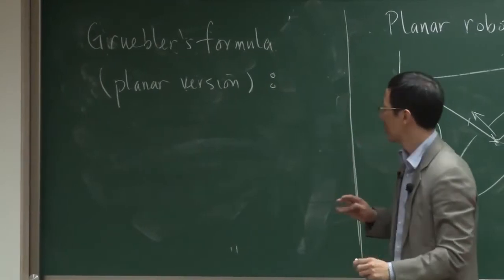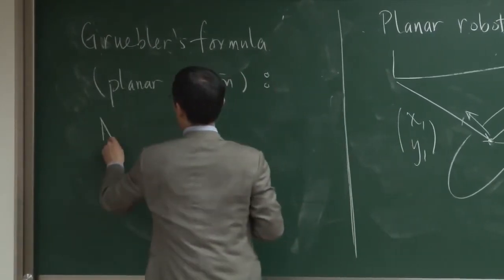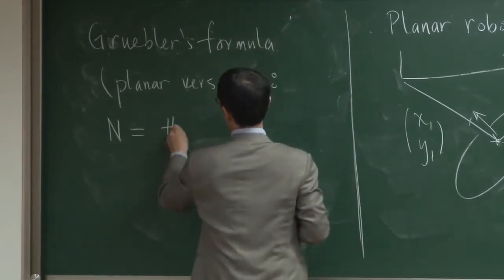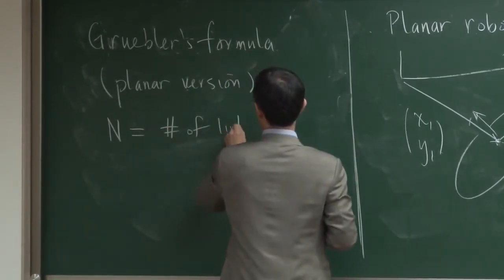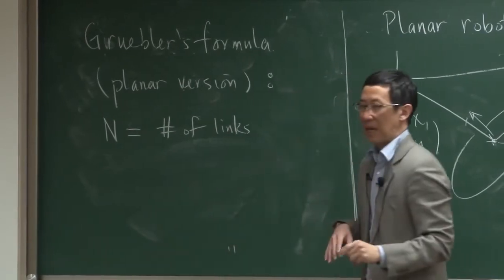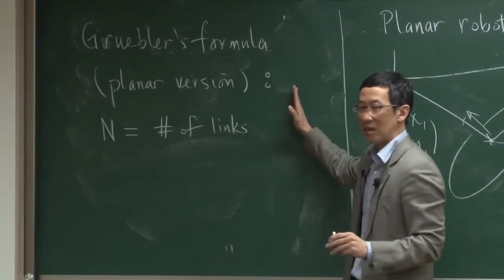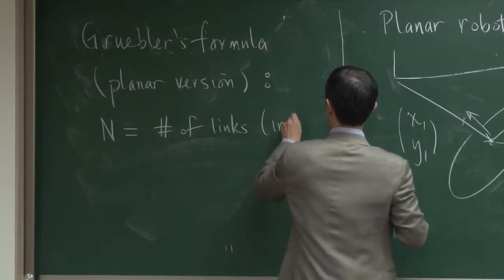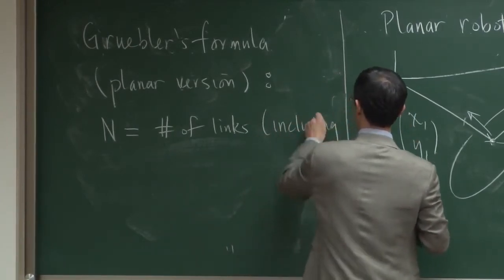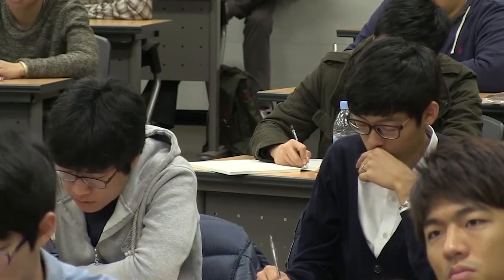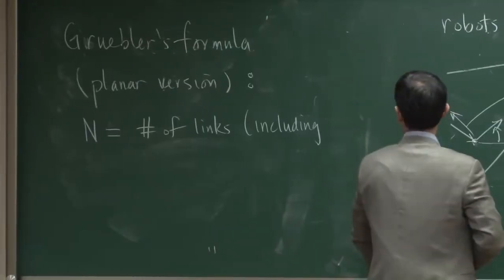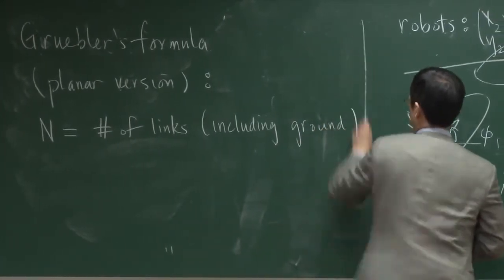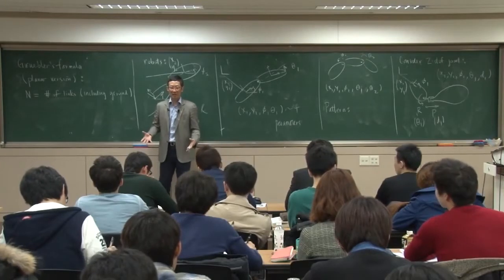Here's the formula. n is the number of links, and it's also important to emphasize here that we're going to include ground. So the ground is also a link.